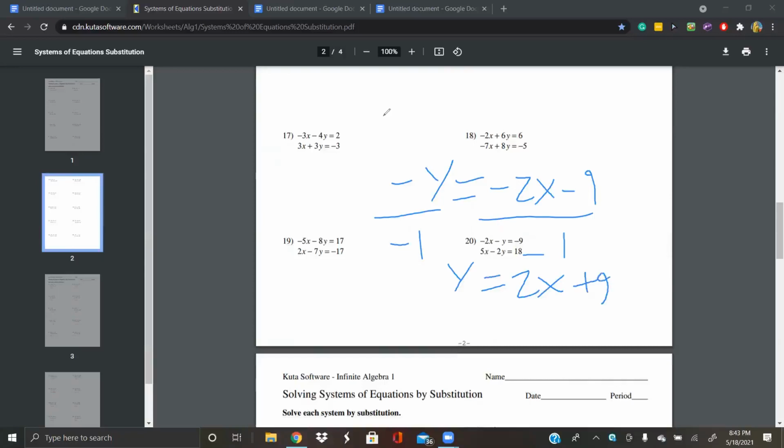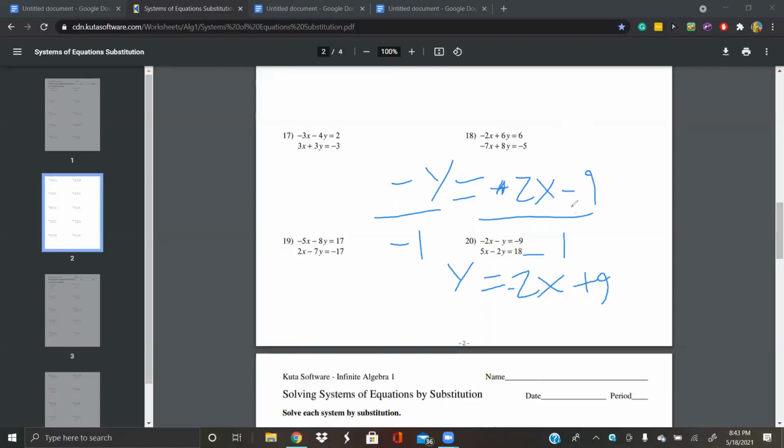Sorry, man. That's actually a plus 2x, so it's actually -2x plus 9.